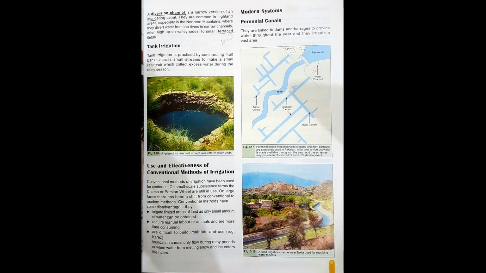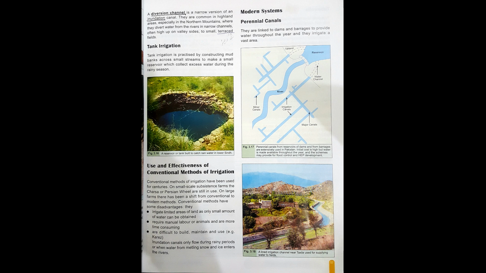Conventional methods of irrigation have been used for many centuries. On small scale subsistence farms, the charsa or Persian wheel are still in use. So these methods are still in use in far away and distant areas.